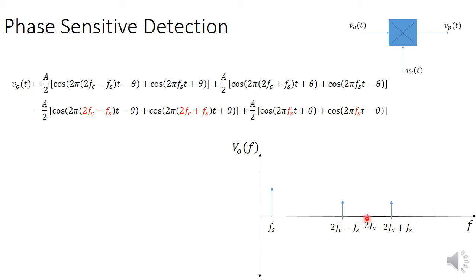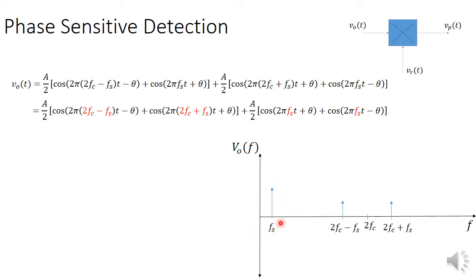Now we know that twice Fc is much larger than Fs. If you remember, when we talked about amplitude modulation, we said that in a sensor we want our carrier frequency to be much higher than the frequency of the change of the physical quantity that we are measuring, which is Fs. So you can cut off these two signals by using a low pass filter. If you put a low pass filter here, these two signals are going to be cut off completely and only Fs is going to remain.